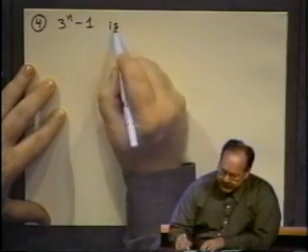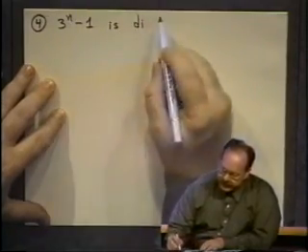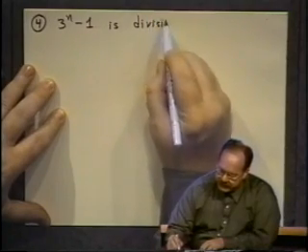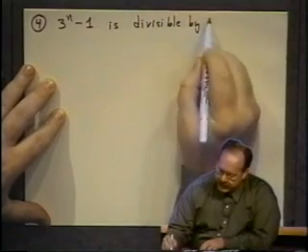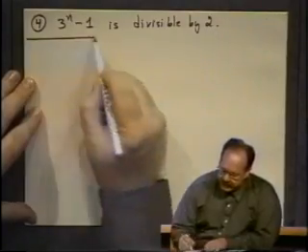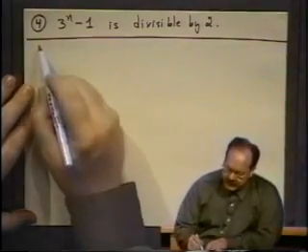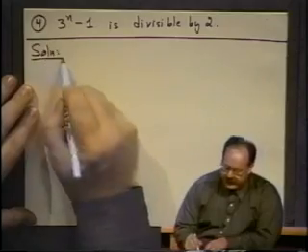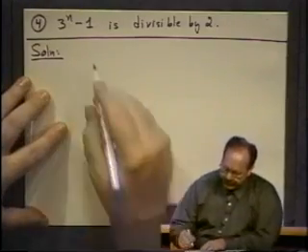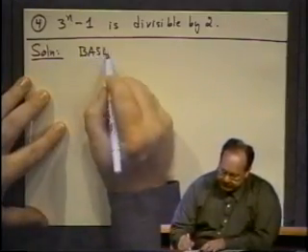This is a bit different from the others. And remember what it said: 3 to the n minus 1 is divisible by 2. So it's a statement that's a little bit different, but I think you'll see that the technique that we apply is the same technique as before. Base.